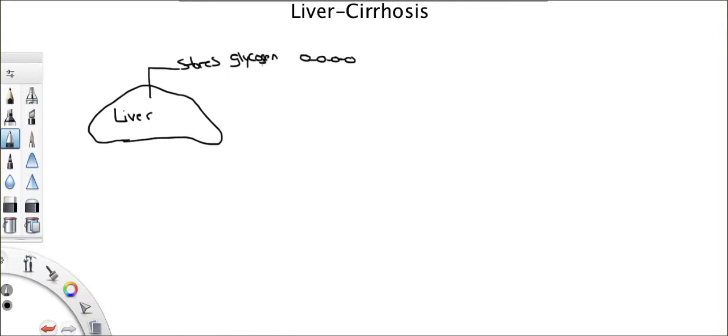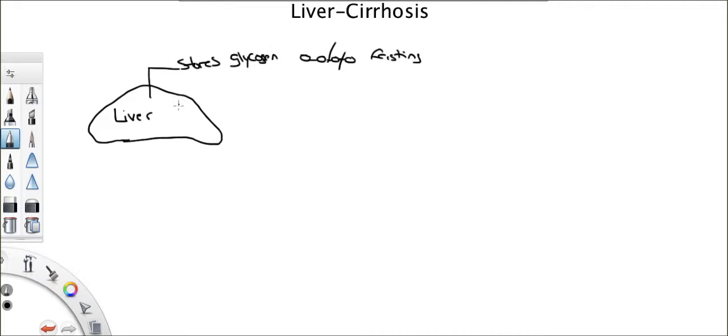When is glycogen used? When you're fasting, right? The enzymes break down the glycogen into glucose particles, which get released into your blood, which elevate your glucose levels while you're fasting. So it's kind of a buffer. It helps to maintain a certain level of glucose when you're fasting. So that's one of the functions.